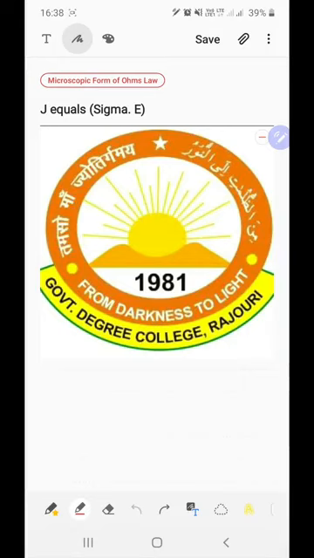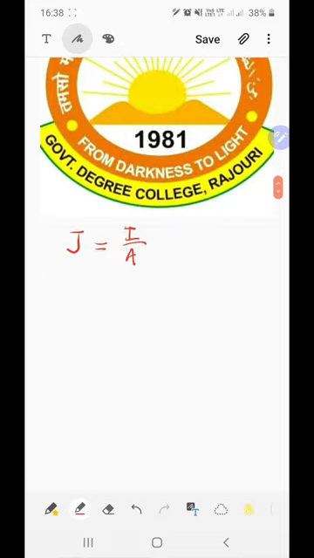Hello students, today we will establish the microscopic form of Ohm's law, which is J equals sigma into E. In the previous lecture, I told you about J, which is the electric current density, whose magnitude is equal to I divided by A, where I is the current flowing through the conductor and A is the cross-sectional area of the conductor.